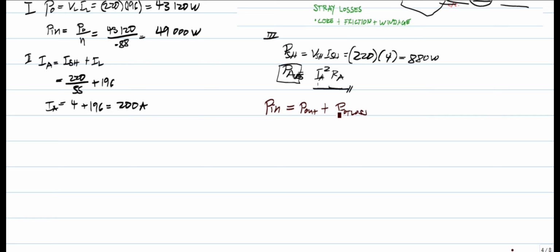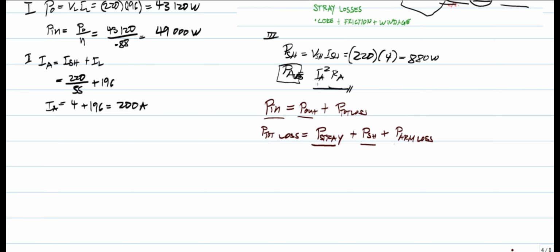Total losses are P stray, which is given, plus P copper, and for copper loss we have PSH and P armature loss. Now we already have the P stray and the PSH, the P out and the P in.